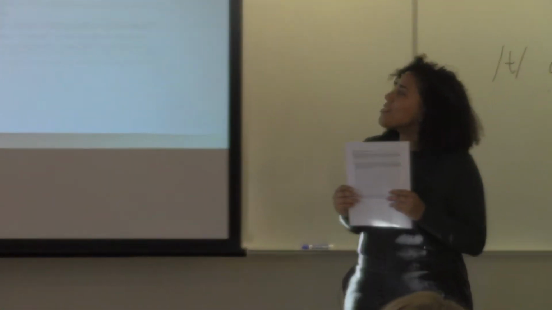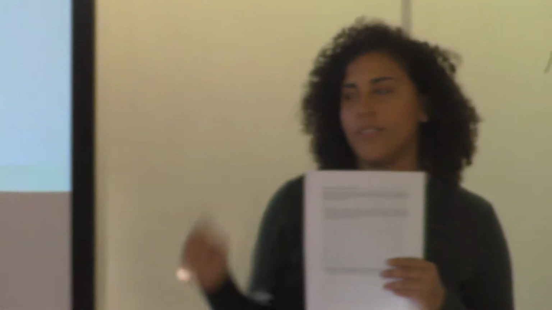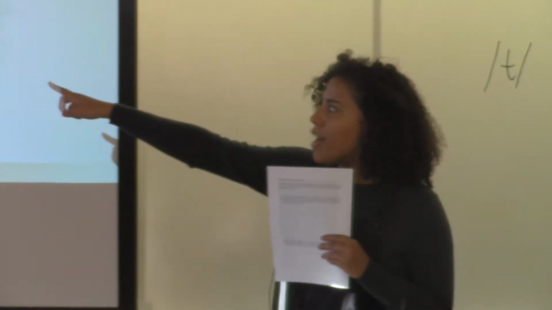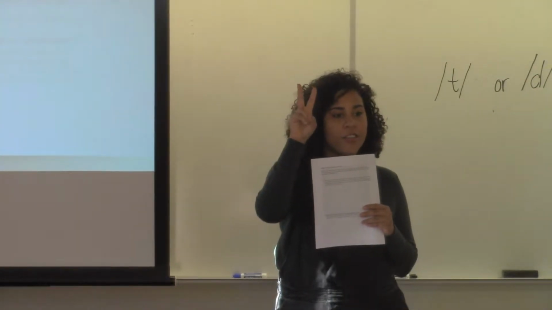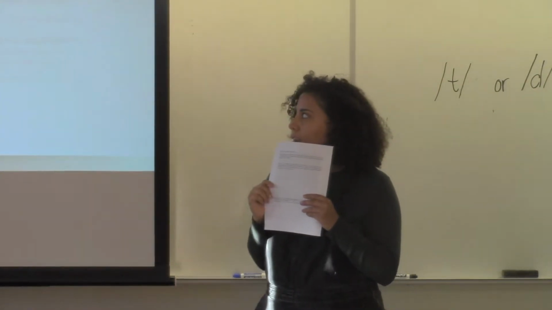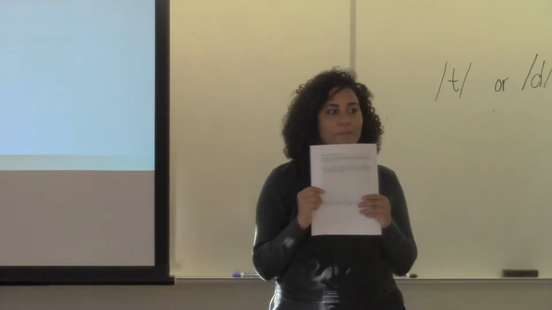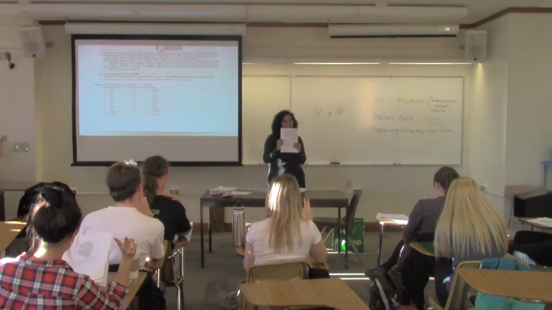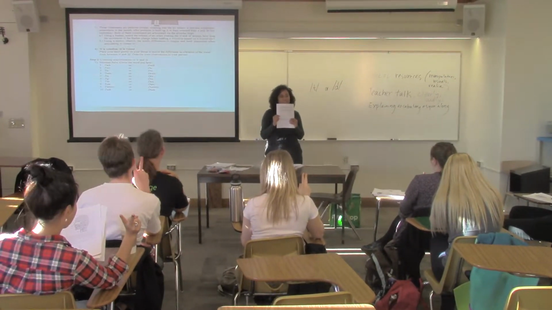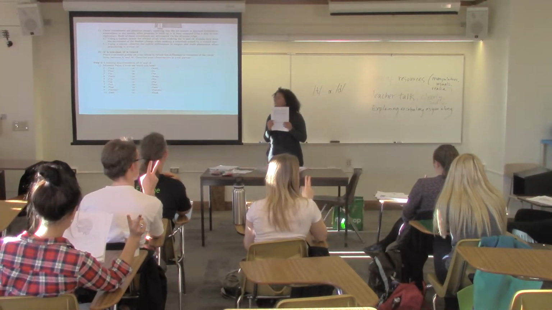All right, so we will just say that the t column is a 1 and the d column is a number 2. So when I say the number, just hold up 1 finger if you got a 1 or 2 fingers if you got the 2. So for number 1, tuck or duck? 1, cool. Number 2, not sure? 2, okay.